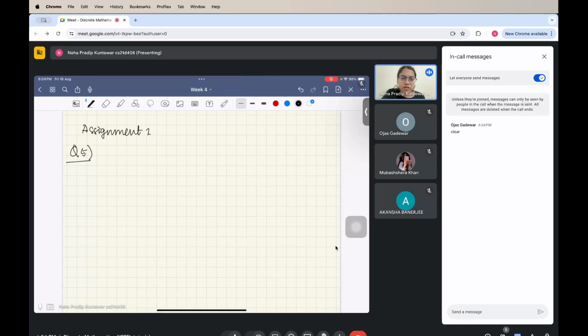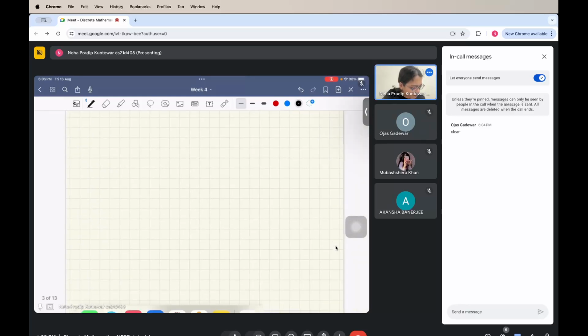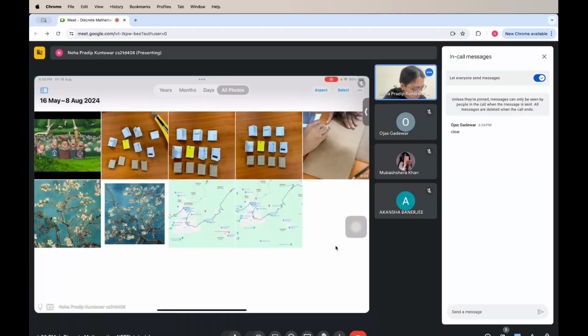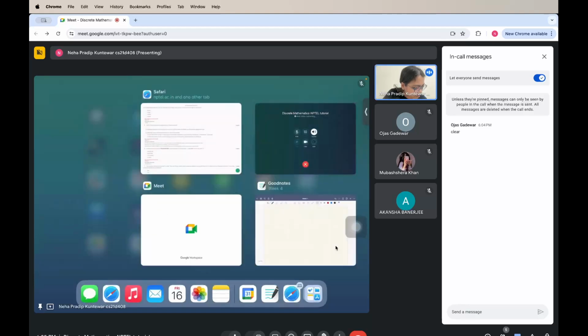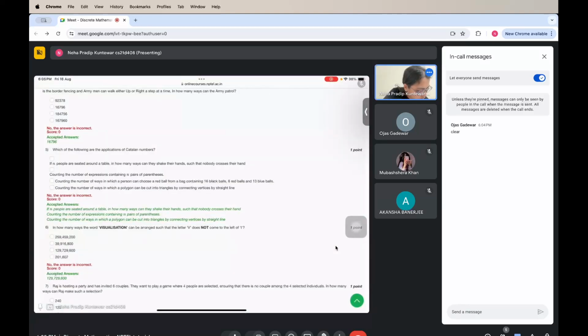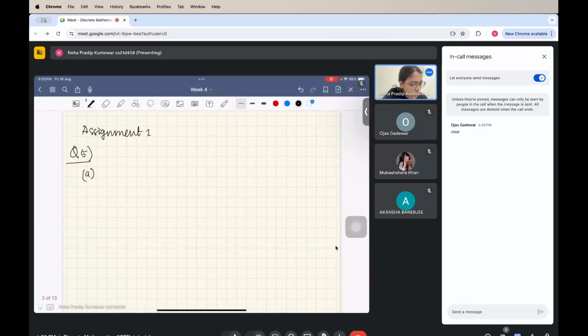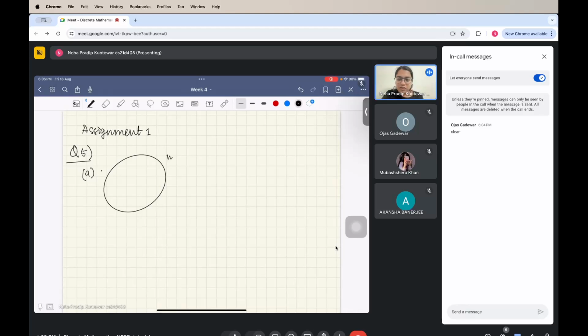Okay, so you have a couple of counting problems that are listed. So I'll just write them down. One is the number of ways. There's a table around which n people are seated, and you want to count the number of ways in which they can shake their hands.